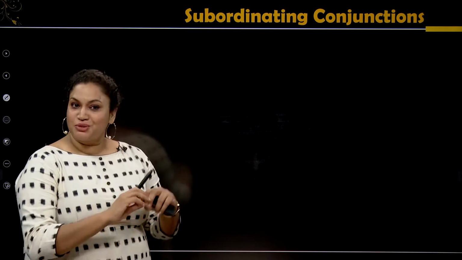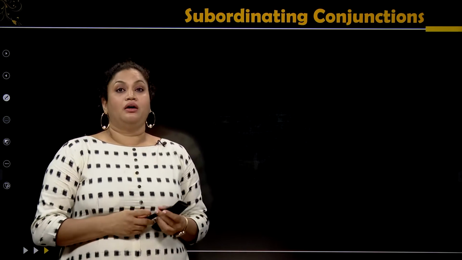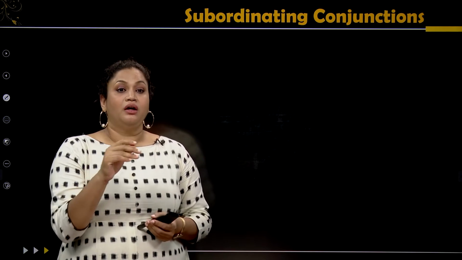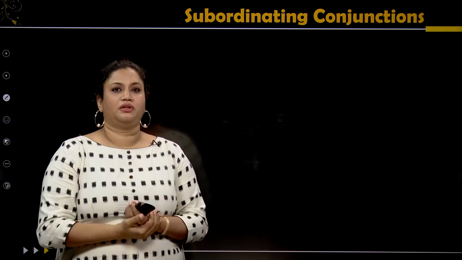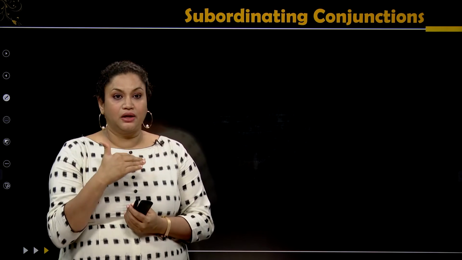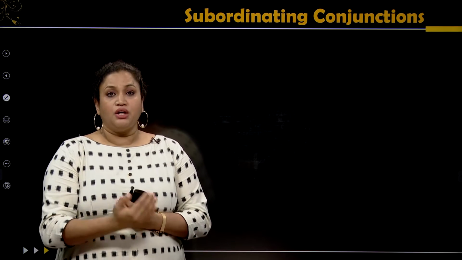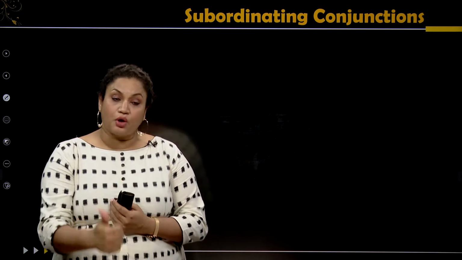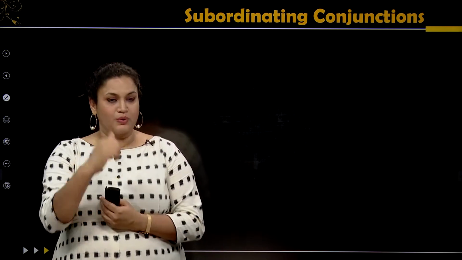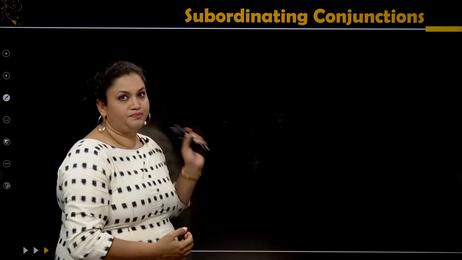But here, I would just brief you through it. To understand it properly, you definitely need clarity regarding why to use it and why not to use it, and when to use it and when not to use it.